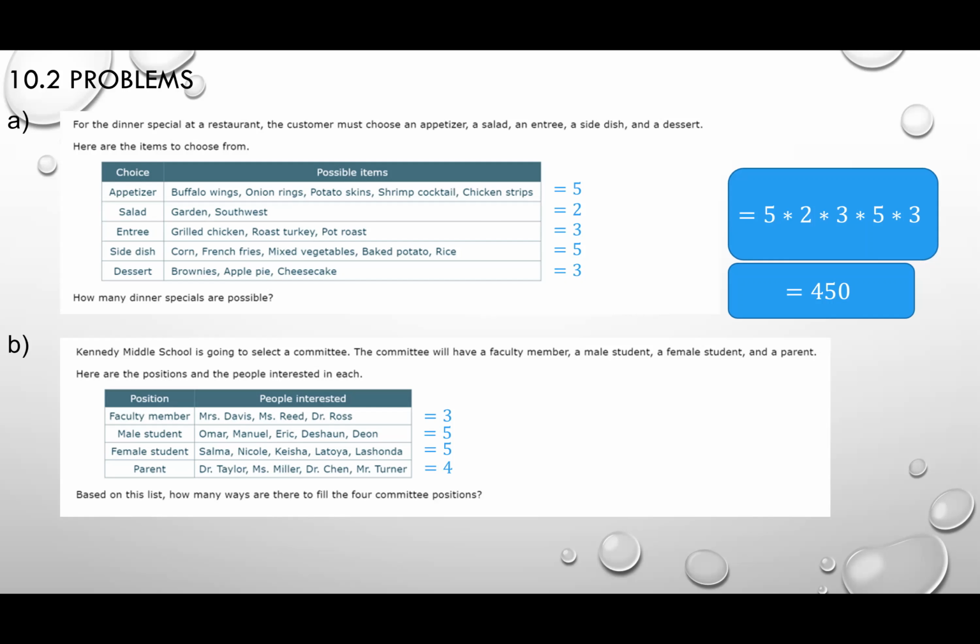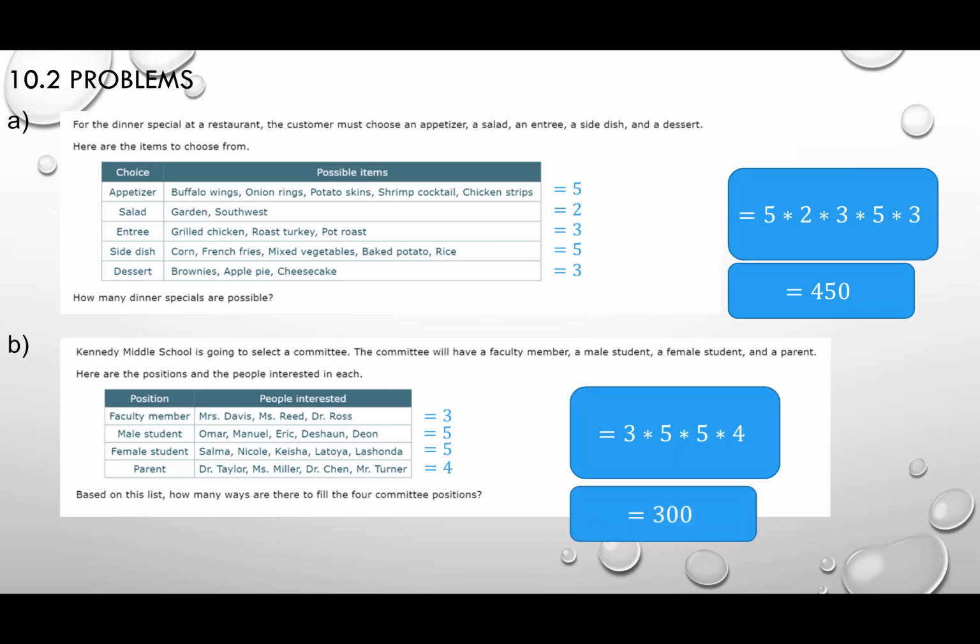And all I need to do is take these items and multiply them together: 3 times 5 times 5 times 4. 3 times 5 is 15. 15 times 5 is 75. And then 75 times 4 gives you 300.